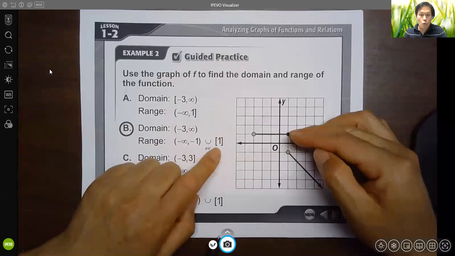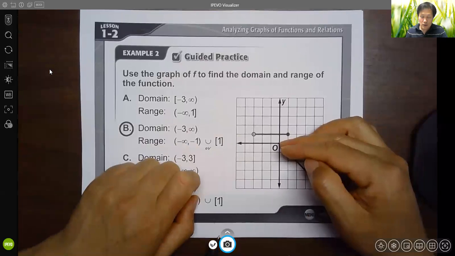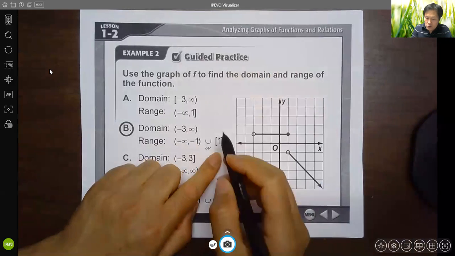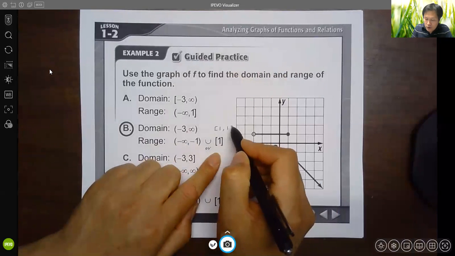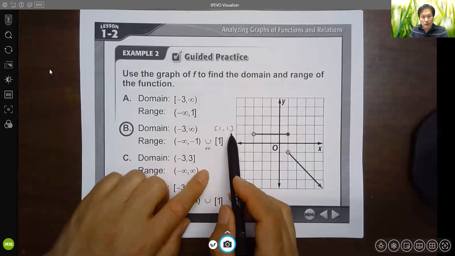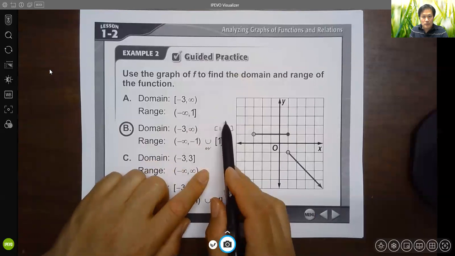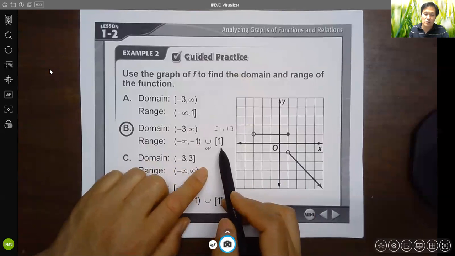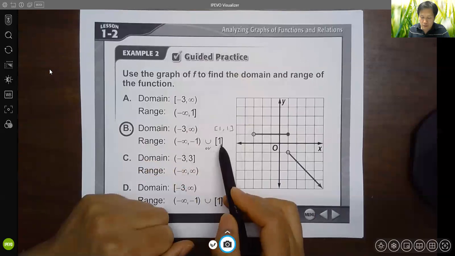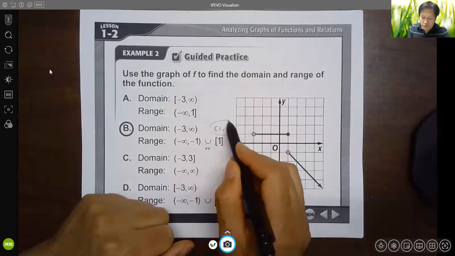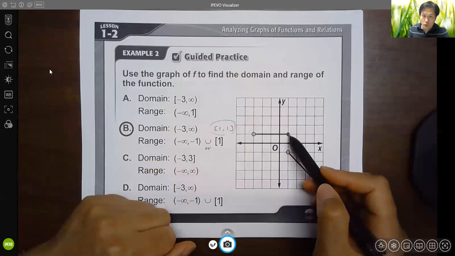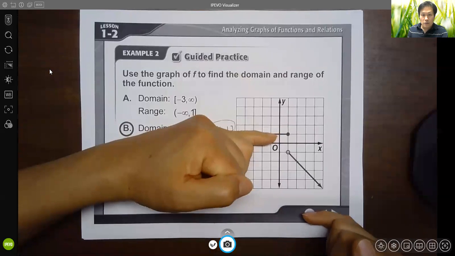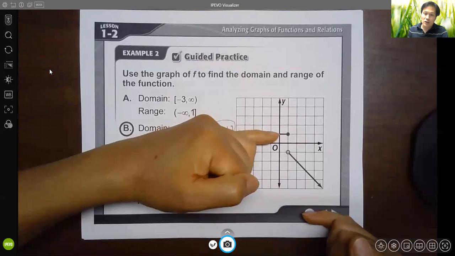It starts from 1, it ends at 1. So technically, you could have written bracket 1, comma, 1 bracket. That's how you say it formally, though they wrote just one 1 in brackets. But this is the formal way to write 1 to 1, because right here you start from here, you end up right here.